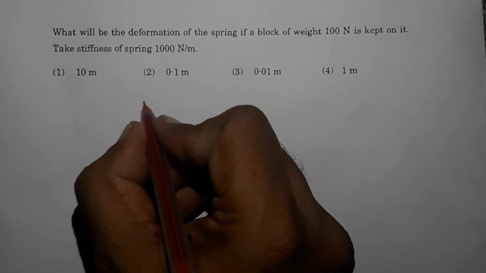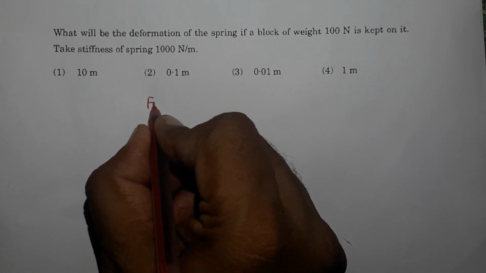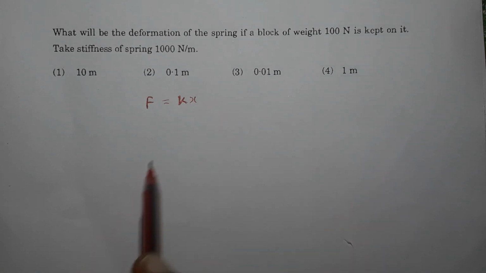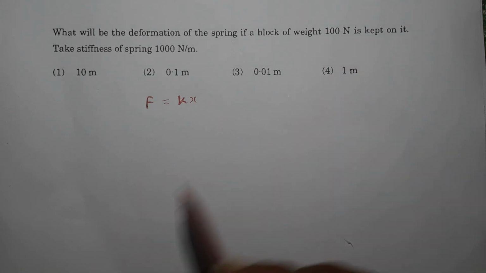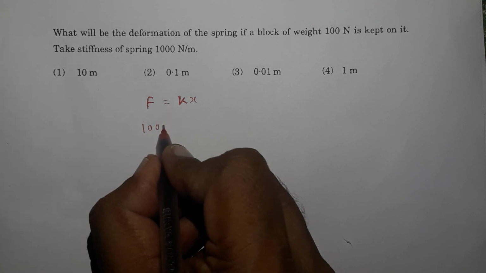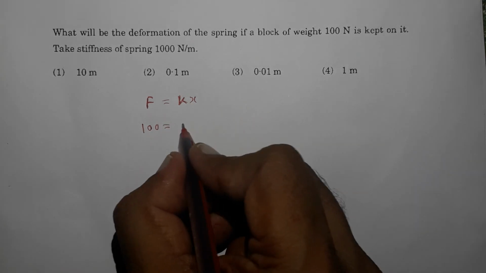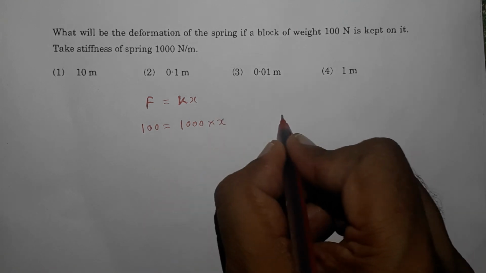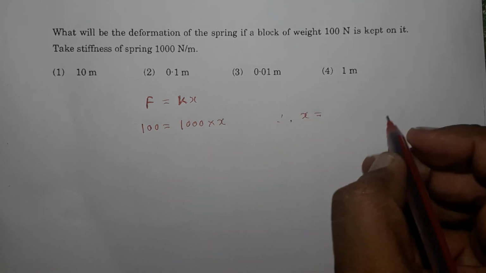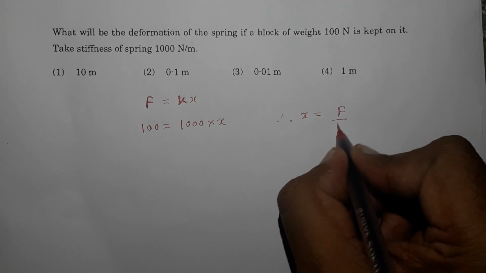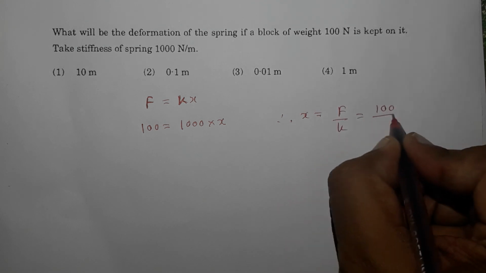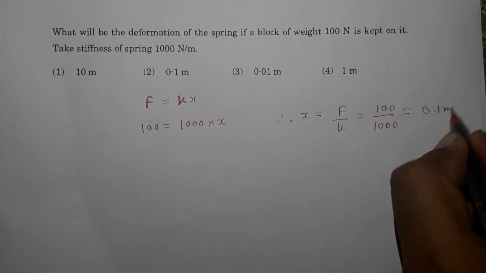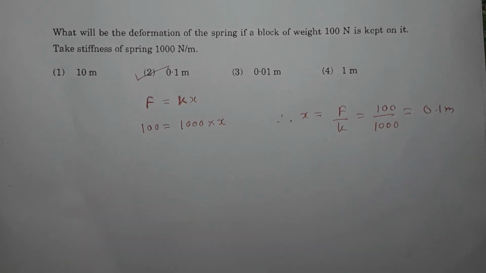Now in case of a spring, F, that is spring force, is given as K into X. Here the spring force will be equal to the weight kept, so 100 Newton is equal to K, the stiffness of the spring, which is 1000 Newton per meter, into X. Therefore X, which is the deformation of the spring, is equal to F divided by K, which is equal to 100 divided by 1000, which is nothing but 0.1 meter. So option 2 is the correct option.